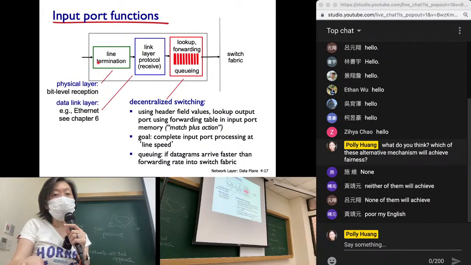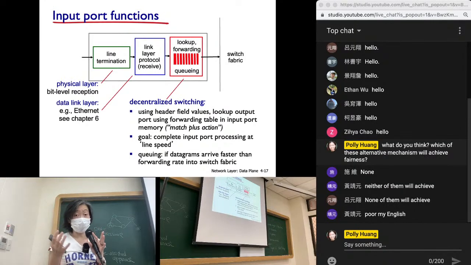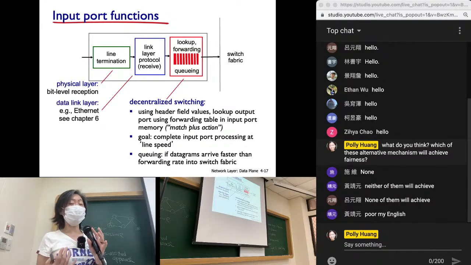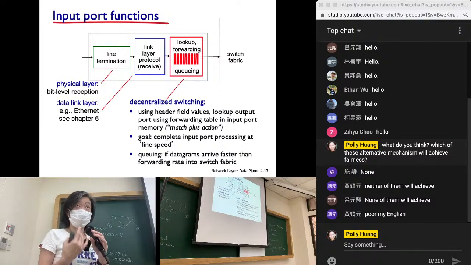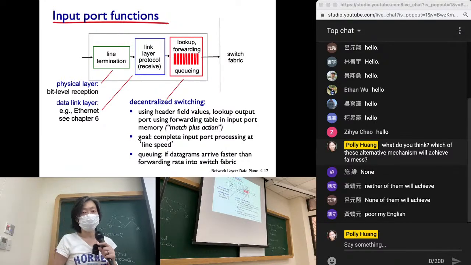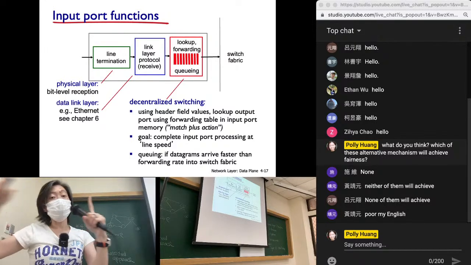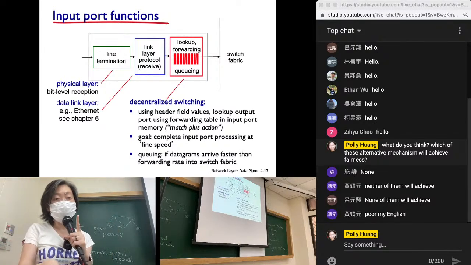Line termination here is essentially taking the electromagnetic waves and restoring the 0 or 1 bits out of the waves. Those are the modulators and demodulators. For the input port, it's essentially a demodulator, taking the 0, 1 bits out of the waves. With the 0s and 1s, we then put the bits within a frame up to the link layer.